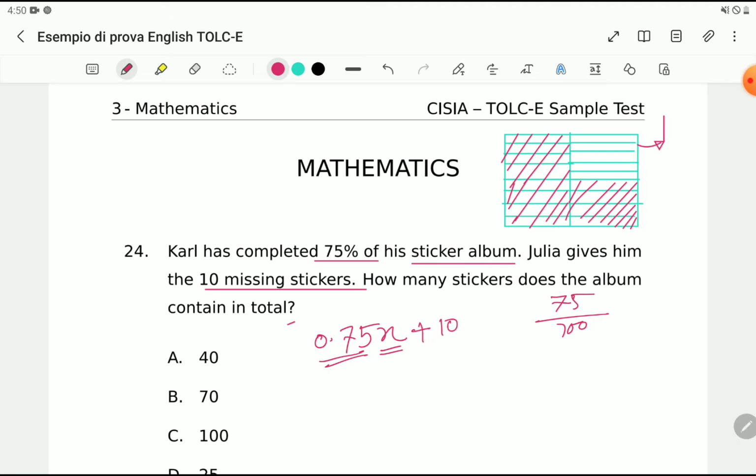We know that this total should be equal to the entire album, which is represented by x. That means we can write 0.75x plus 10 equals x. Now we can calculate and find the value of x, where x means the total number.